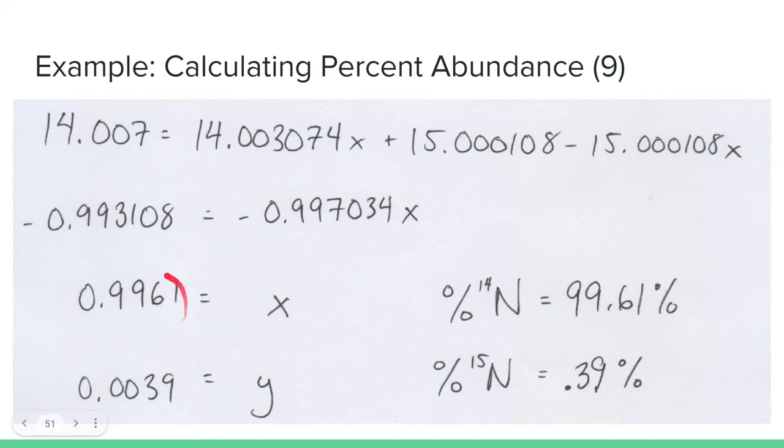Since I know that both of these percentages must add up to give me 1, I can take 1 minus this decimal percent abundance for x, and I can find the other percent abundance. Then simply moving the decimal place over 2 spots, I get my new calculated percent abundances for both the isotope nitrogen 14 and the isotope nitrogen 15.